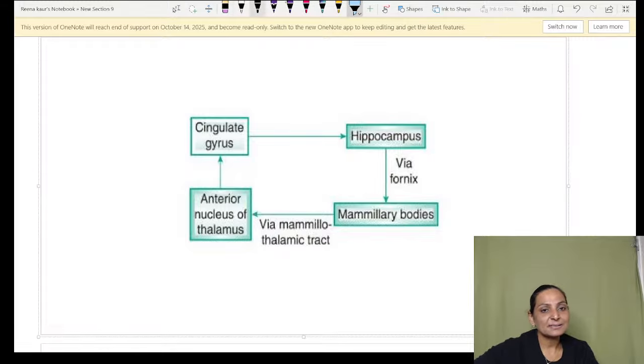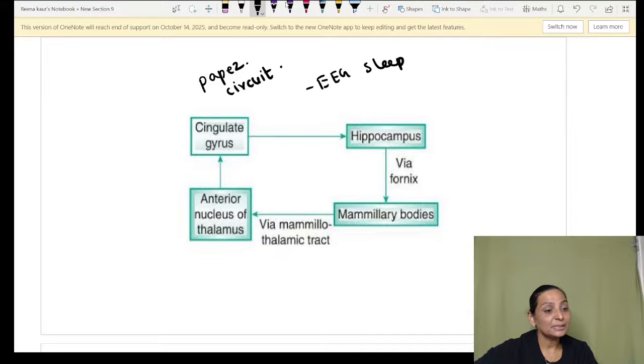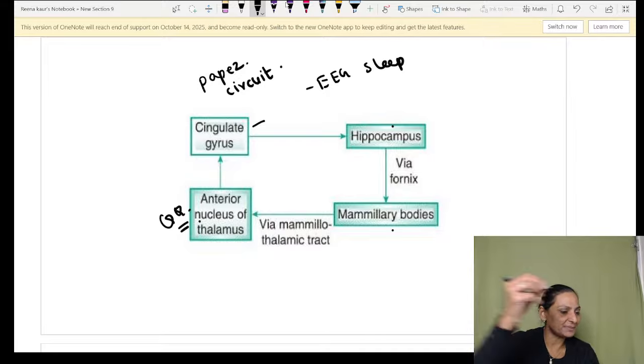Now this is something very important which is called the Papez circuit. Papez circuit is very important in EEG, in sleep, emotions. It includes a circuit between the cingulate gyrus, hippocampus, mammillary bodies of the hypothalamus and the anterior nucleus of thalamus. So this also is a very important MCQ.